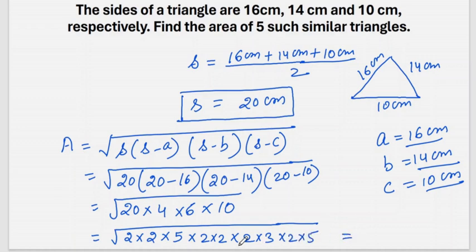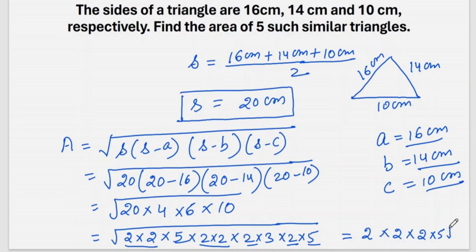Now let us see. So we have got a pair of 2. So let me take it out, 2. Then we have got another pair of 2, one 2 is here and one 2 is here. So that means they are also making a pair. I am taking it out 2 again. 5 is also making pair.